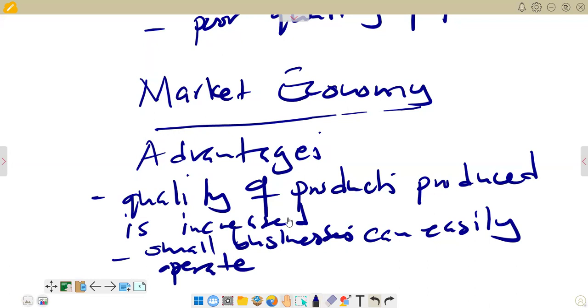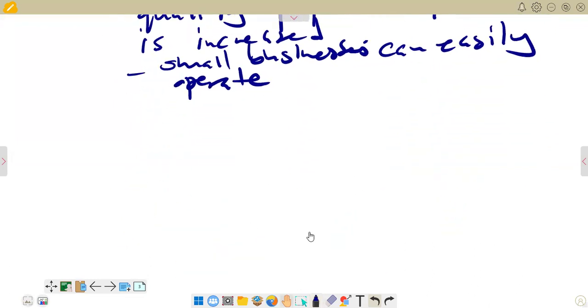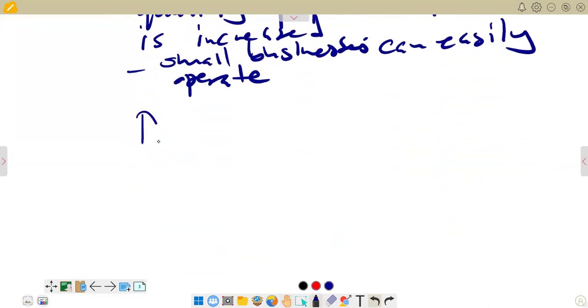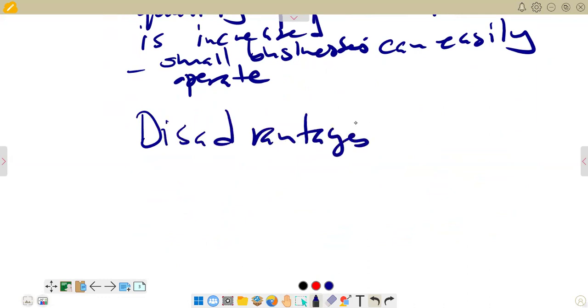So we can move on to disadvantages that we can deduce from market economy. On disadvantages now of market economy, we can have the issue of exploitation of labor. Exploitation of labor can be seen to prevail in a market economy, because these firms are after making profits, so they can do whatever is possible so that they make high profits.